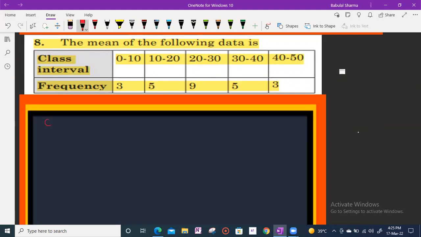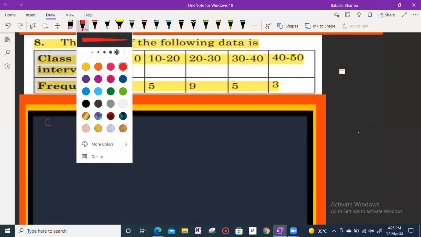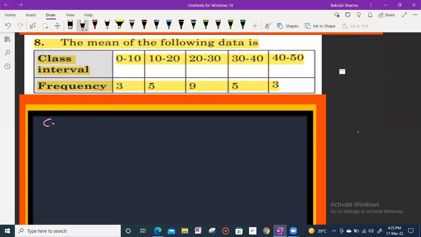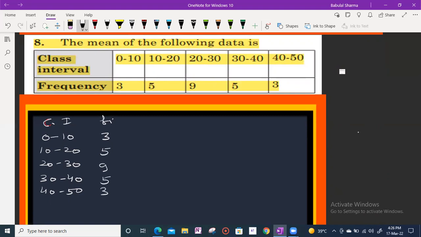So right here, first the same table, we will do this slowly so that you understand. The class intervals are 0 to 10, 10 to 20, 20 to 30, 30 to 40, 40 to 50. Its frequencies are given as 3, then 5, then 9, then 5, then 3. We have not done much extra in this.